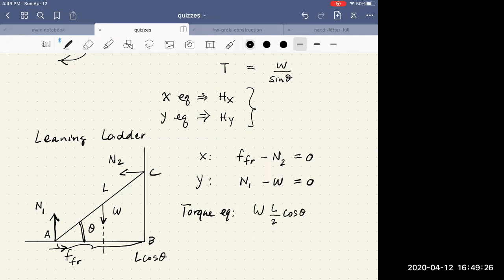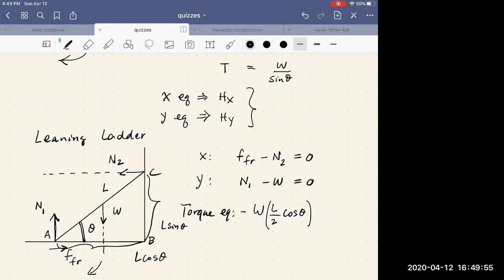Okay, and this is going to generate a torque in that direction, which is clockwise, so let's call it minus. And likewise, I'll have a torque coming from N2. If I extrapolate N2, then I can immediately see that the perpendicular distance of N2 from A is actually nothing but L sine theta.